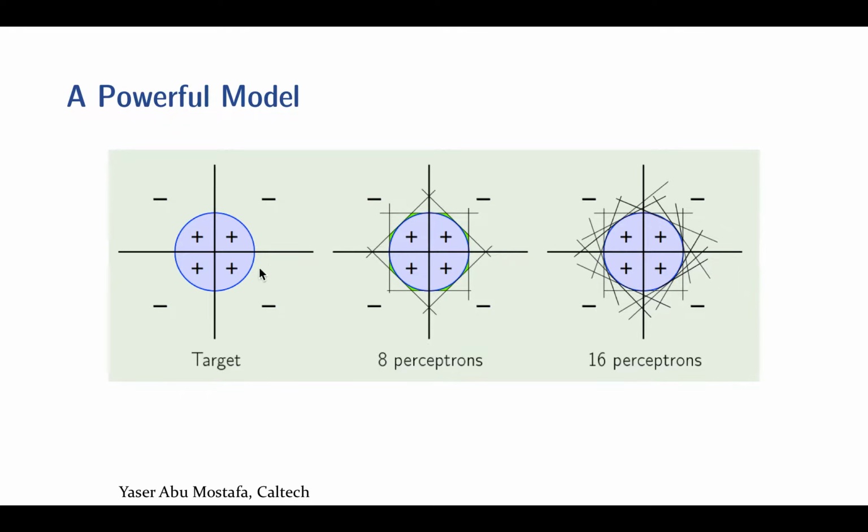Notice the actual class was in blue. That's what you wanted to learn. And what you have learned now differs from that blue class only by these small green triangles. So putting 8 linear machines together gets you very close to the ideal class. The error is very small now. And putting 16 of them together, you can't even make out those green triangles because we are very, very close to that.